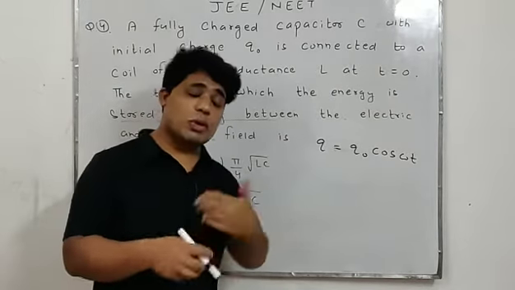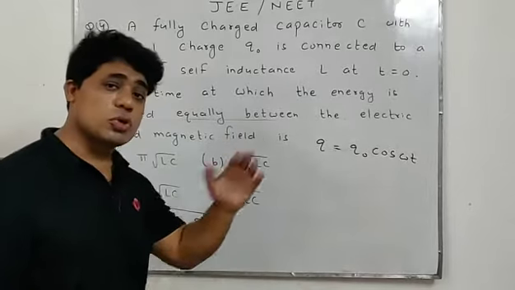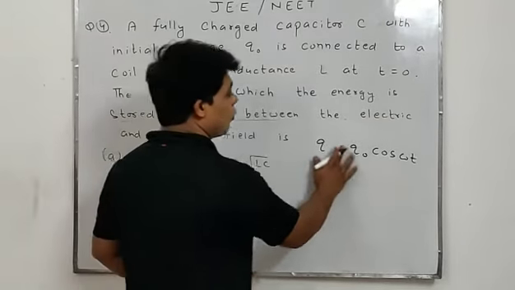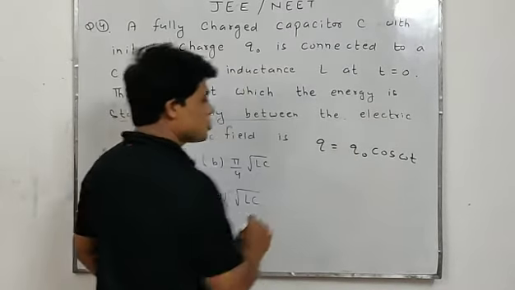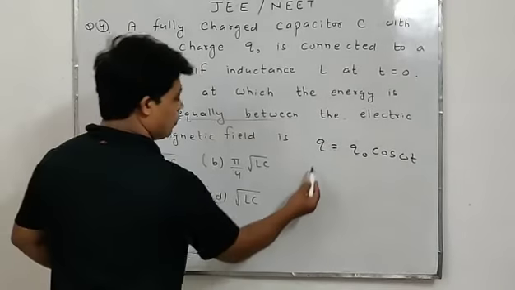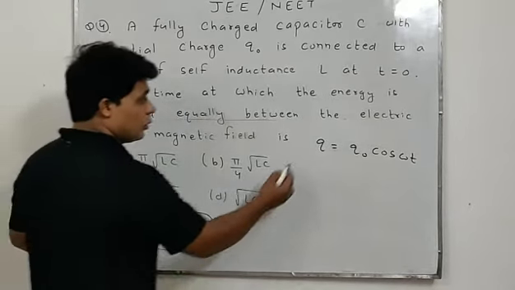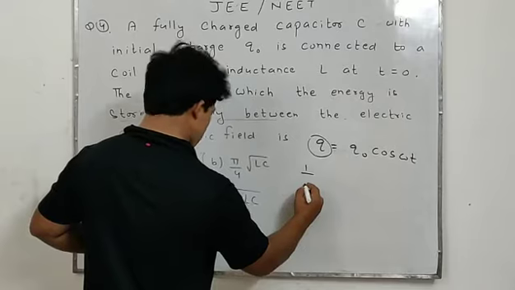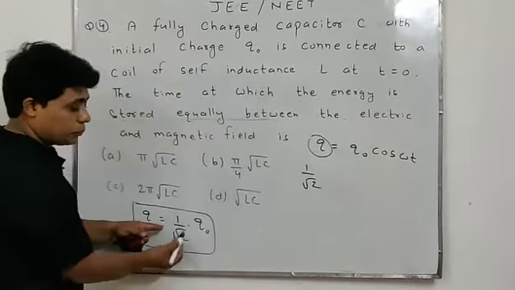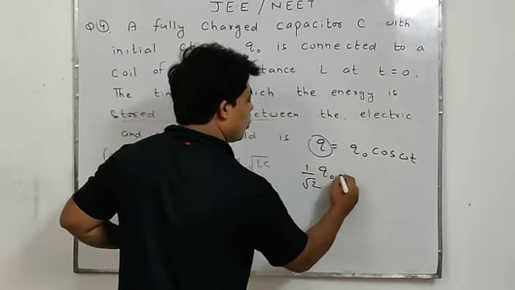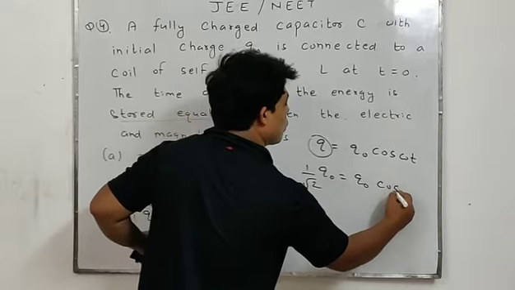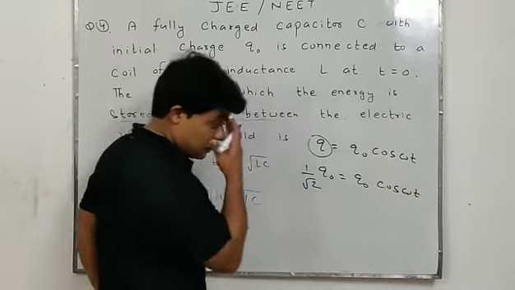We can also take it in the form of sine, Q equals Q0 sin omega t. Now what is Q? We found Q is 1 by root 2 times Q0, so Q0 cos omega t equals Q0 by root 2.